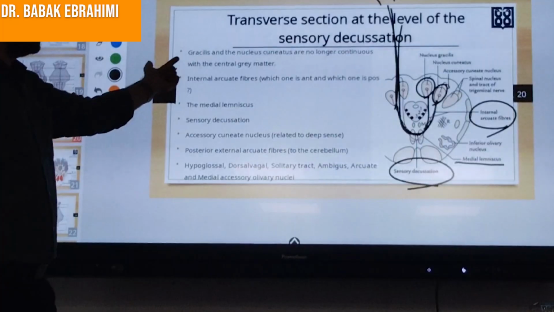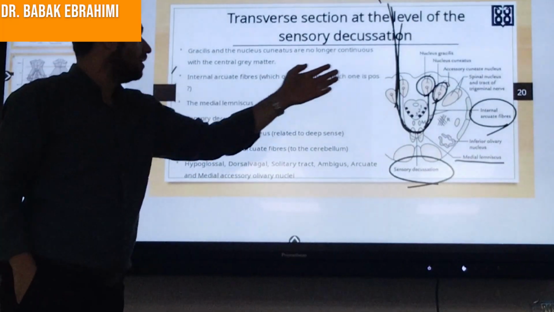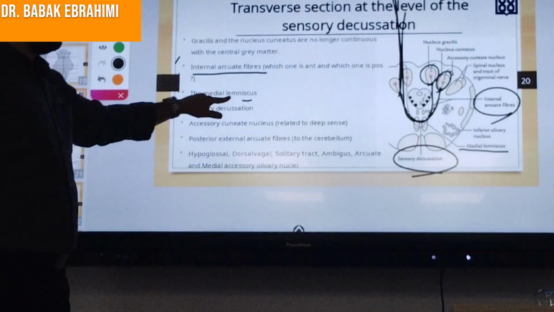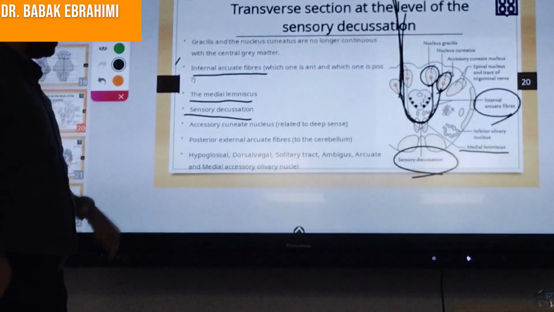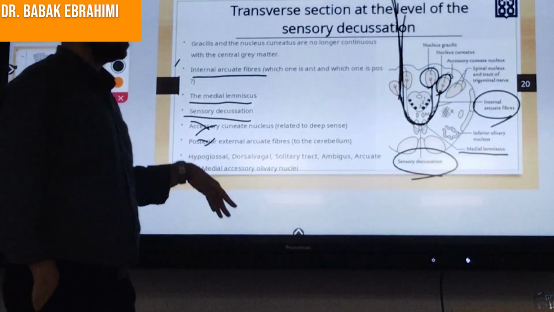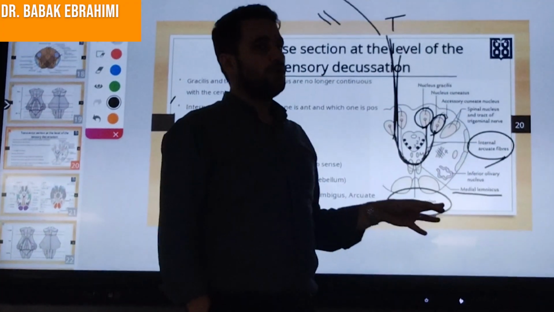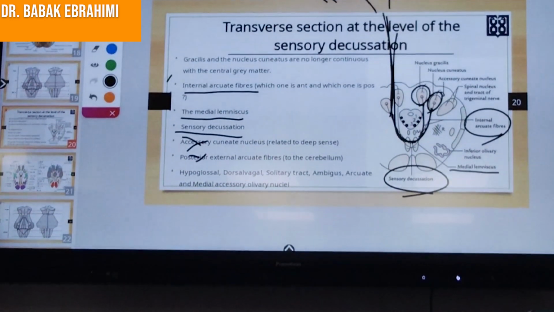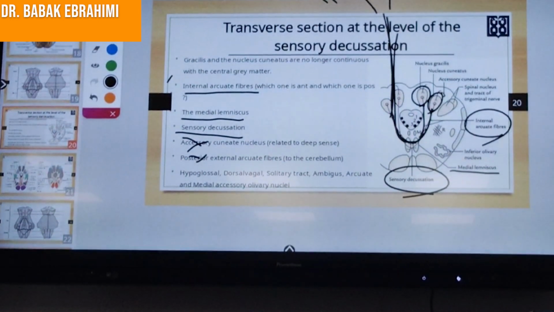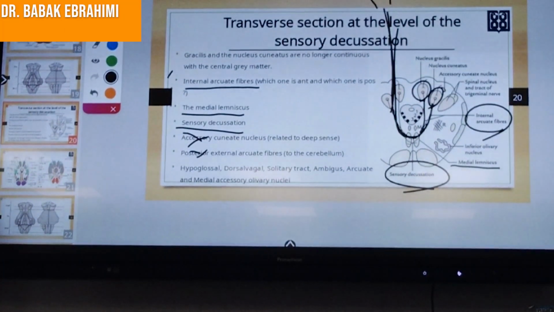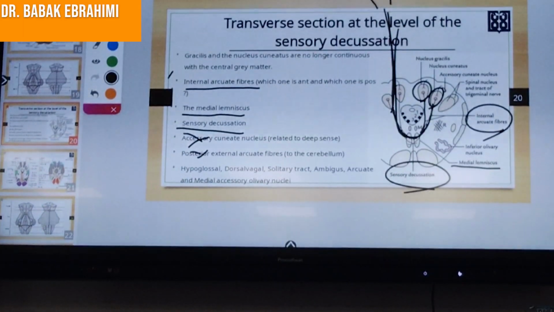You are seeing gracilis and cuneatus, which is located here. They made internal arcuate fibers, made medial lemniscus. We have sensory decussation. This one is not important for you, and also this one is not important for you. The important thing at the sensory decussation is the decussation, or taqatu, of ihsas: the sense of upper limb and the sense of lower limb. Okay, you can see it.